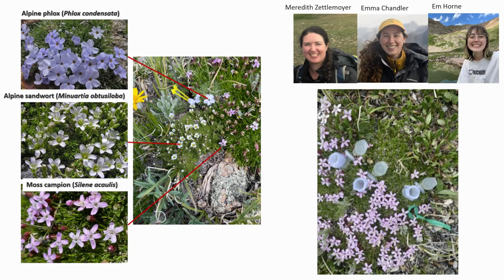Judy is wondering if all these plants, the phlox, the sandwort, the moss campion, are all of similar lifespans. That's a great question. We have just started collecting some demographic data on these other species as well. That's the data like individual survival and growth and reproduction, and that will eventually allow us to calculate an estimate of the lifespan.